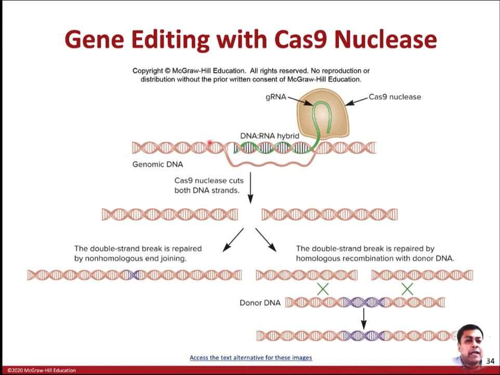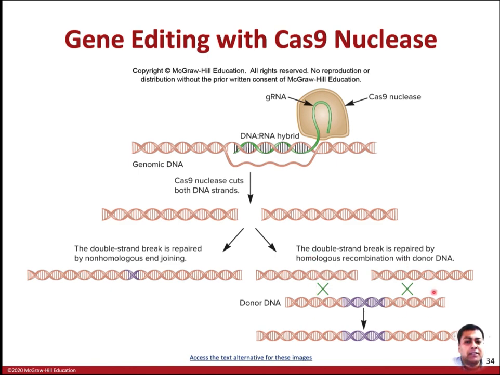In the donor DNA, you should have a sequence from here as well as here, matching the target sequence. So what will happen is that you have the guide RNA and the Cas9 nuclease, and it will chop it off the same way, but at the same time you have this donor DNA with similar flanking sequences.